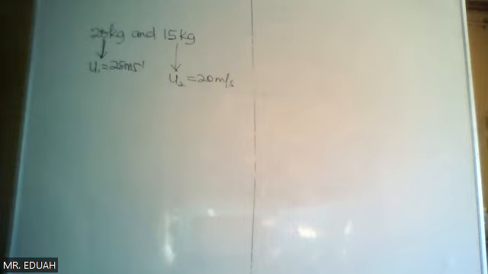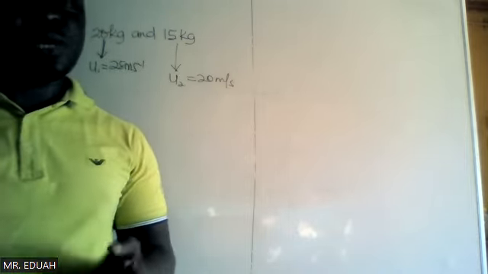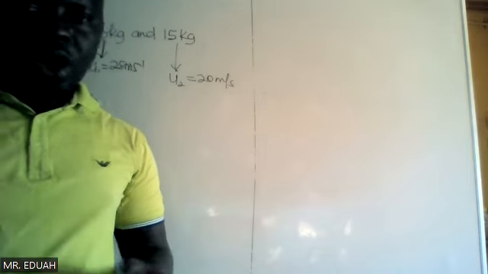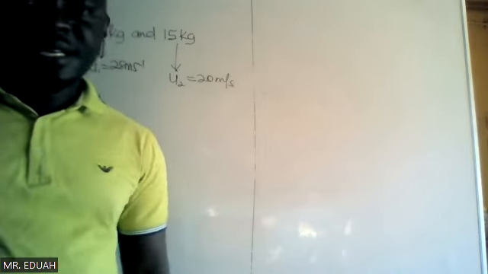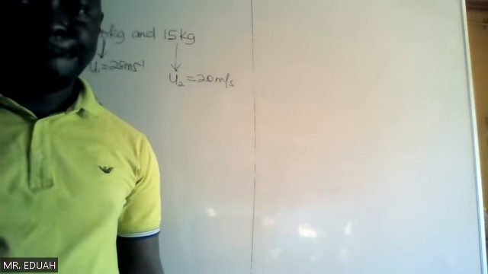Don't waste time. What kind of collision is this, if they joined and then moved with a common velocity? Anybody else? If you are ready, just answer and let's move on.